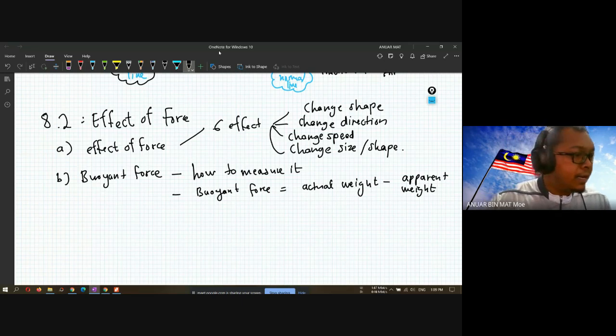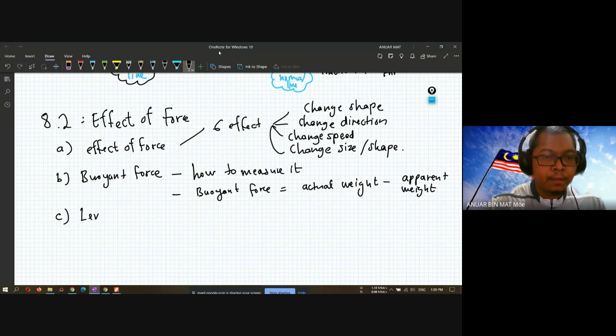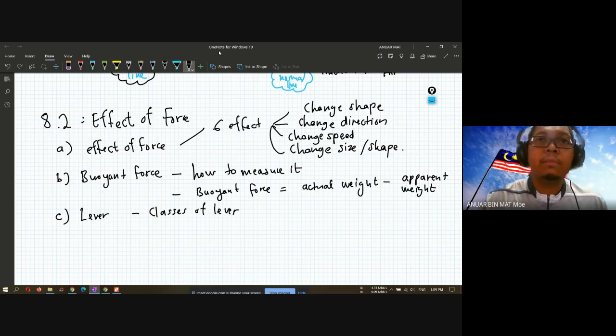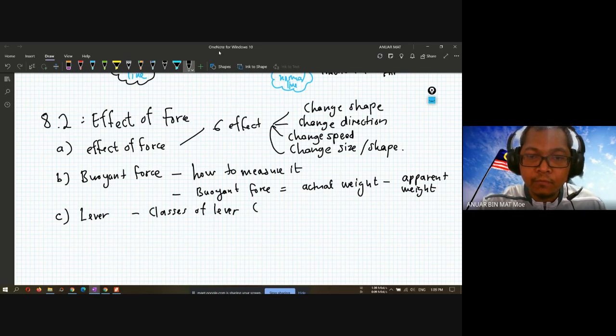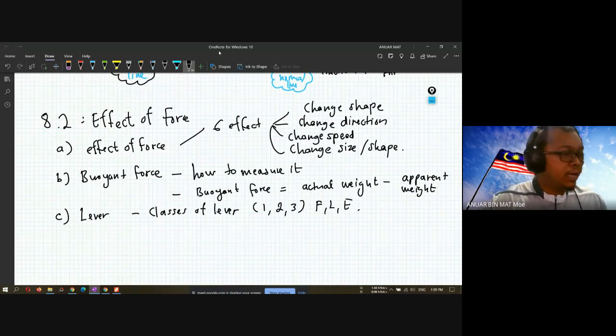Right? And then in C, you learn about lever. You learn about classes of lever. Still remember? The first class, second class, third class, and then the position of fulcrum, load, and effort, FLE. Still remember that?